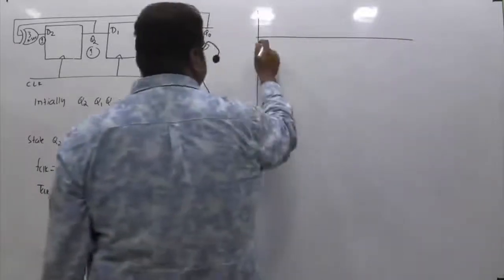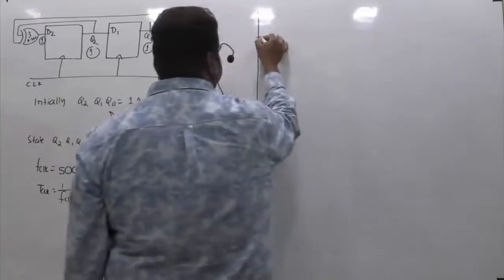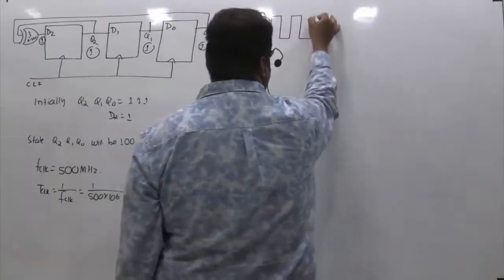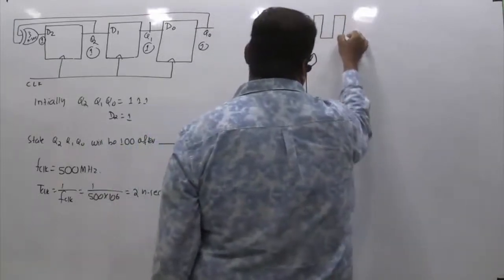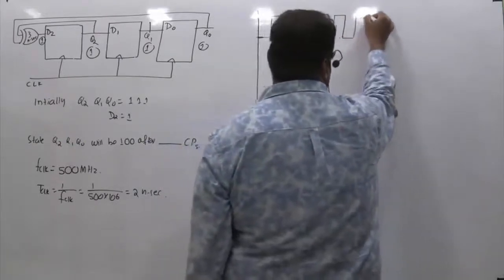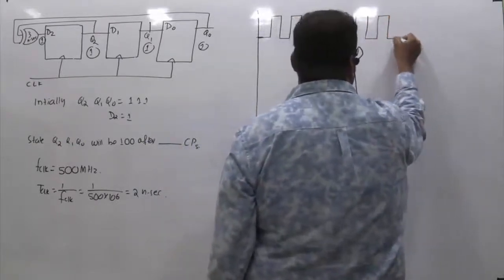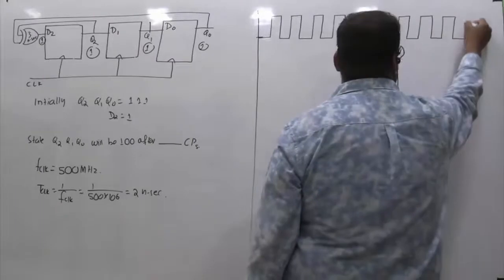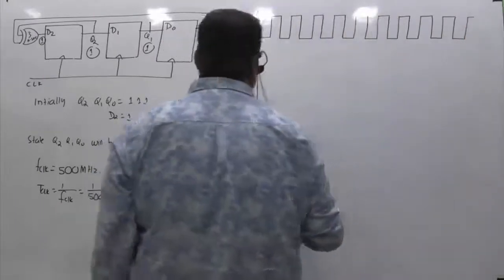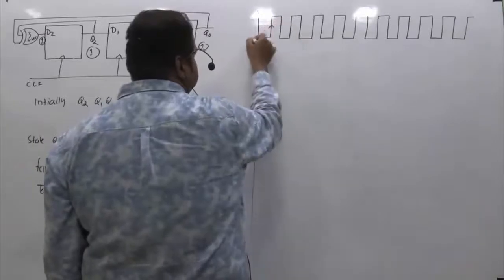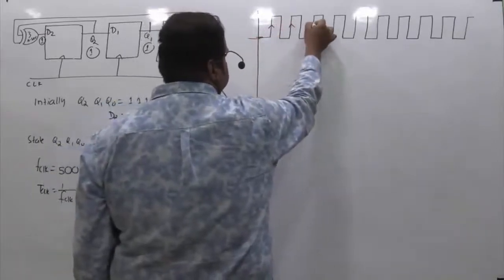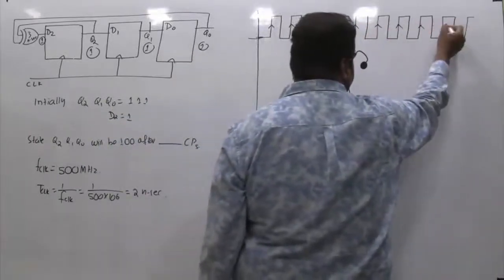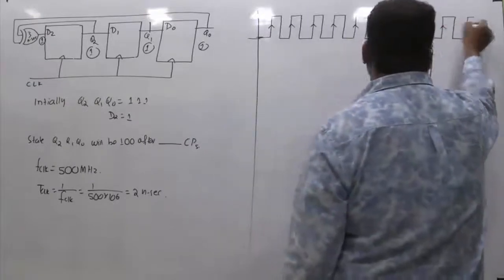So first I am taking the clock. I am taking sufficient cycles. Let's say this is the first edge, second edge, third edge, fourth edge, fifth edge, sixth, seventh, eighth, then I have ninth and 10th.